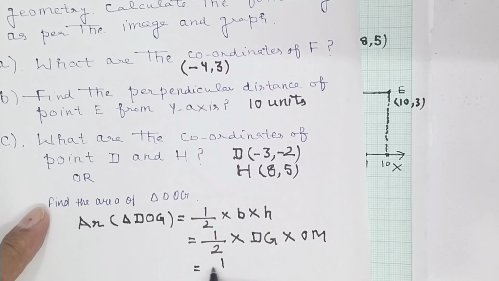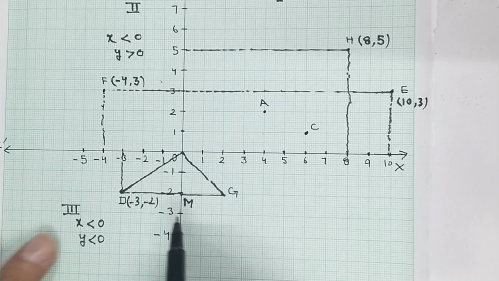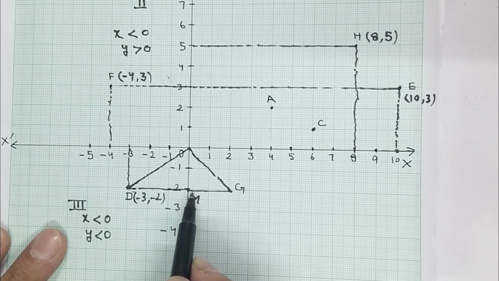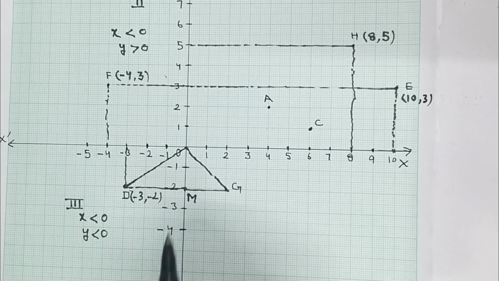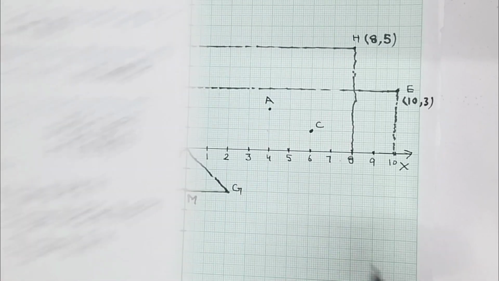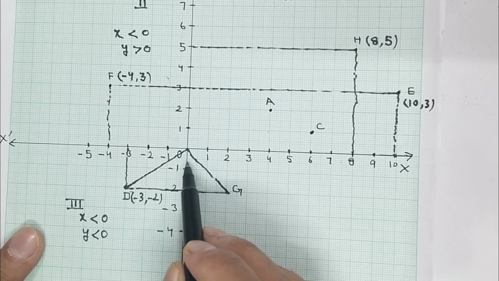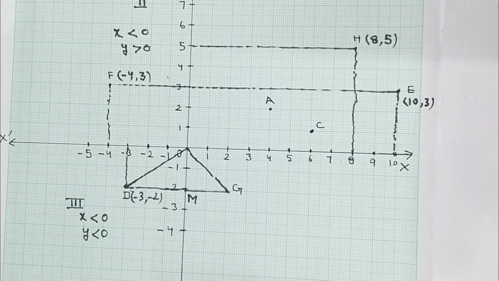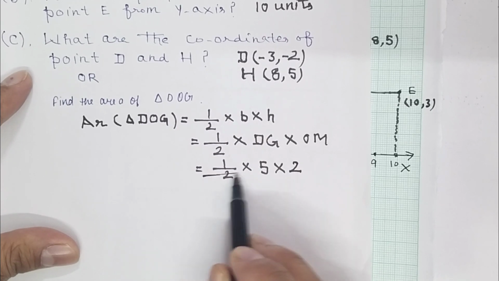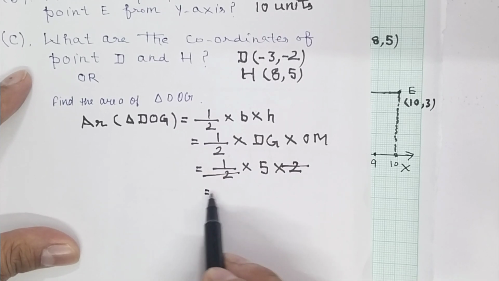So 1 by 2 into, we need to see what is DG here. This is 1, 2, 3, 4, 5 units is DG. So 1 by 2 into 5 into OM. This is 1 and 1, 2. 2 units. So that will be written here. So 2 and 2 cancel out.